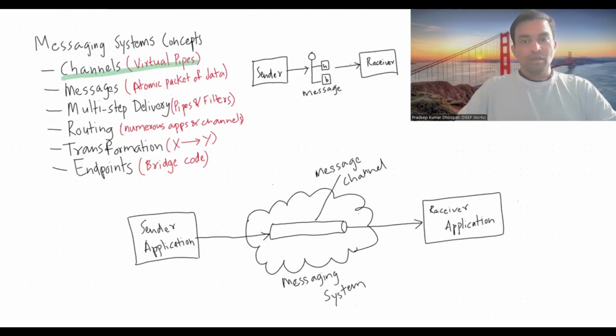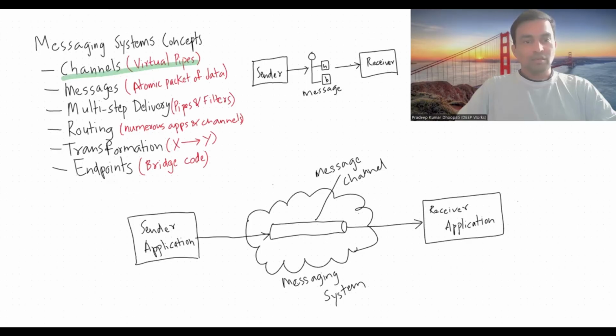When we install a messaging system, these channels will not be available by default out of the box. It's the developer's responsibility to decide what channels would be needed for their integration to send the data between the sender and the receiver.